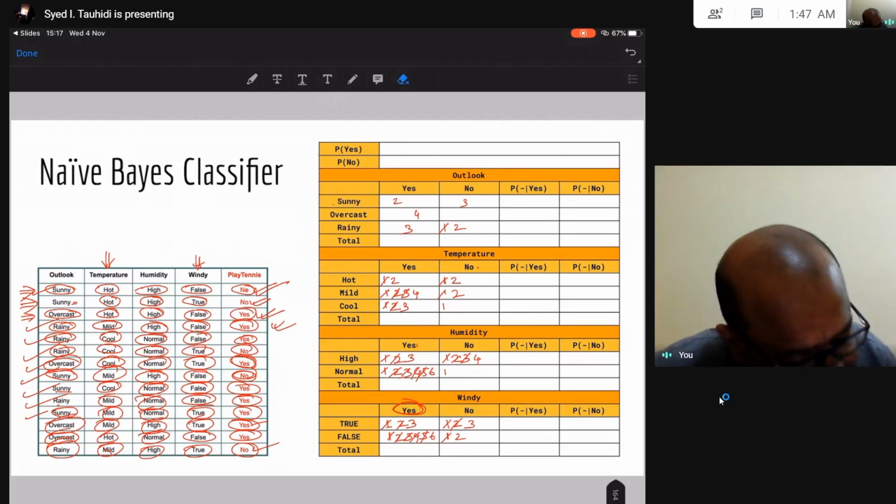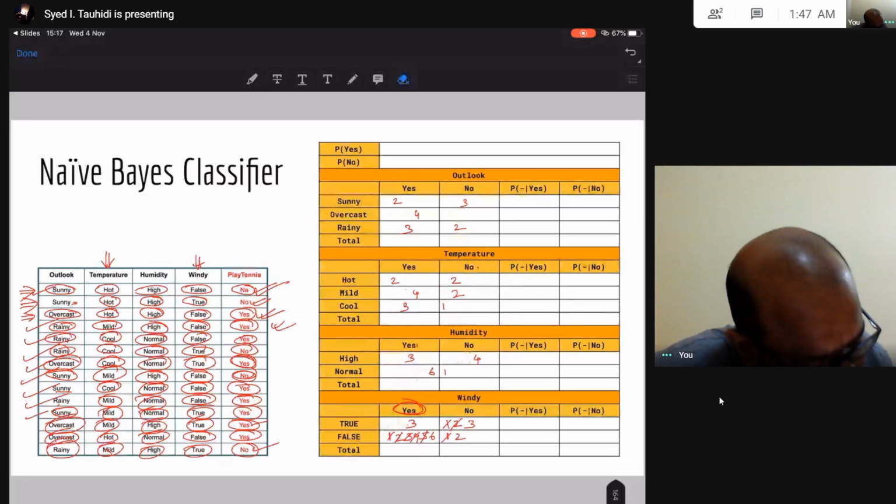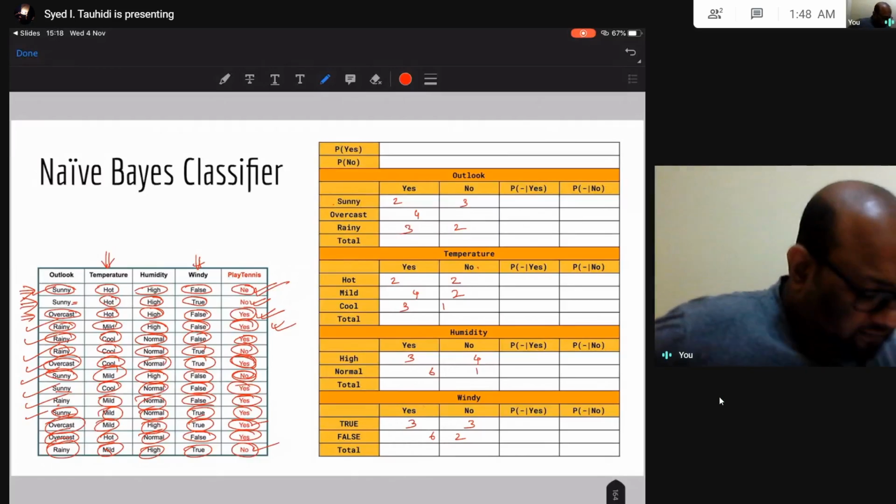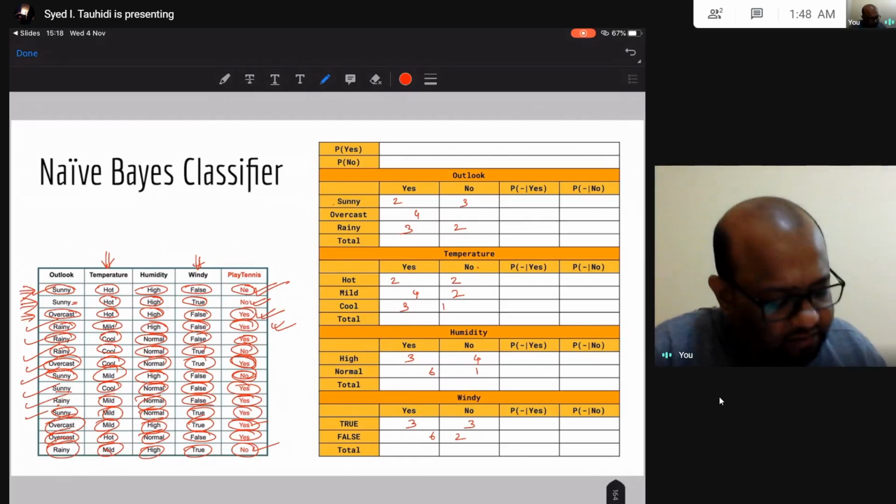So these things that I have cut away, let me remove all those. Alright, so this is what I have. Okay, this is how I have filled the table.